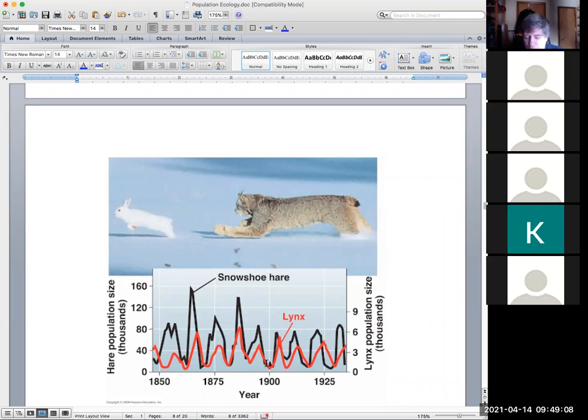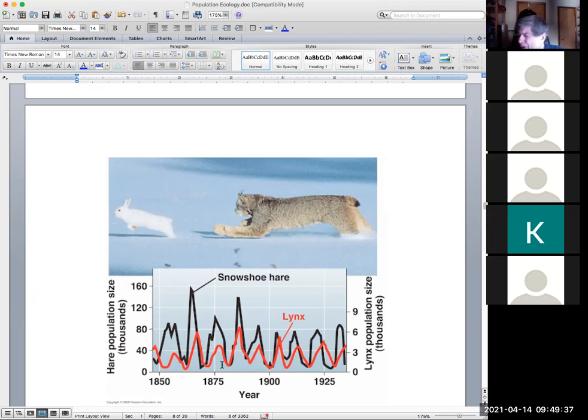Sometimes it drops to, it looks like maybe 1,000. So, big differences. Now, you might think this is an oscillating curve, but the big difference is the swings are much greater. And because the swings are much greater in population size, it's very difficult to even make a guesstimate of what the carrying capacity might be.